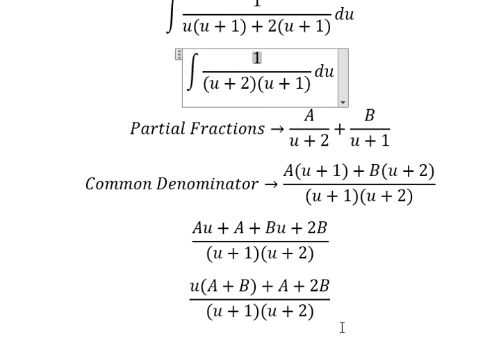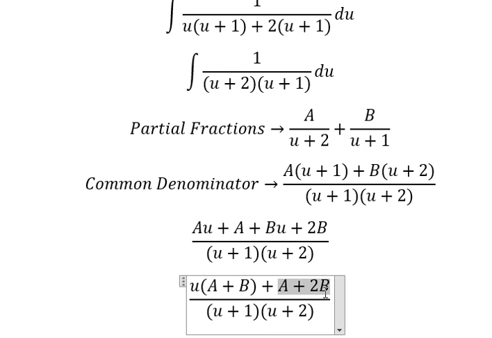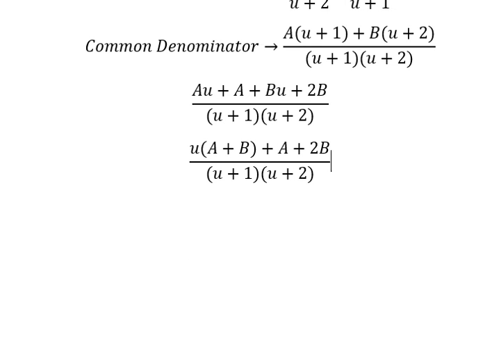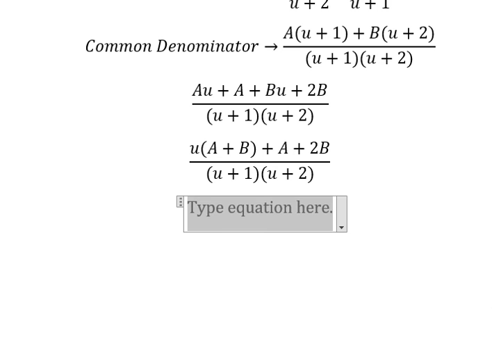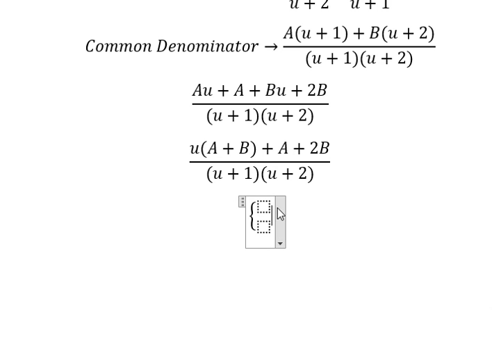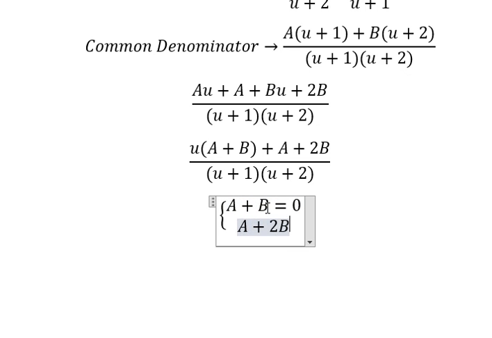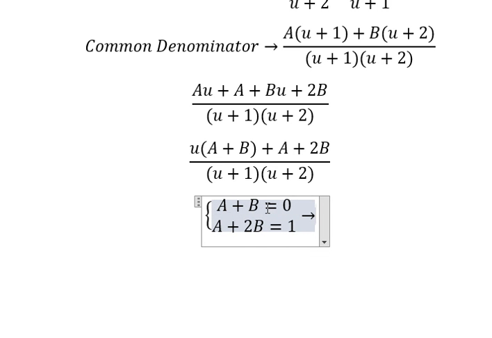We have number 1, so A plus 2B equals 1. And now we create the system of equations. And now we can find the solutions of A and B.